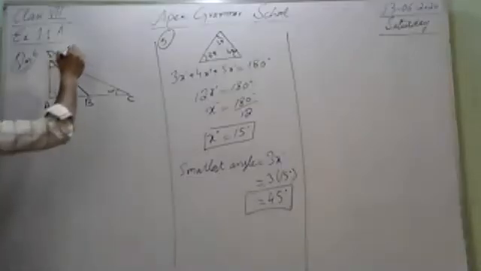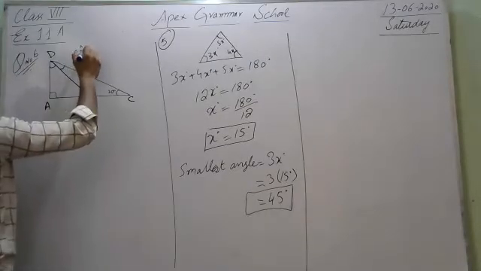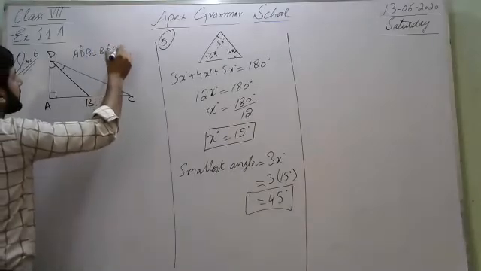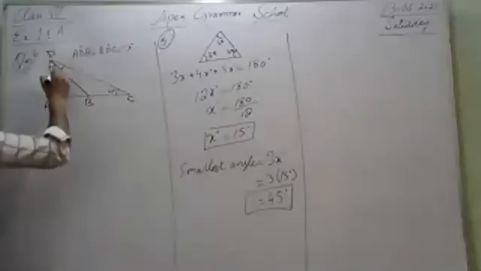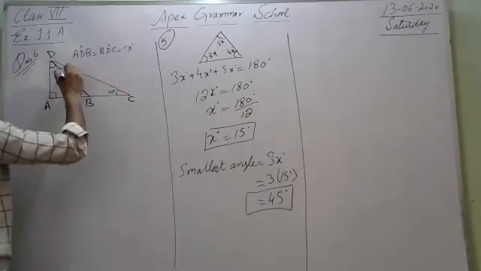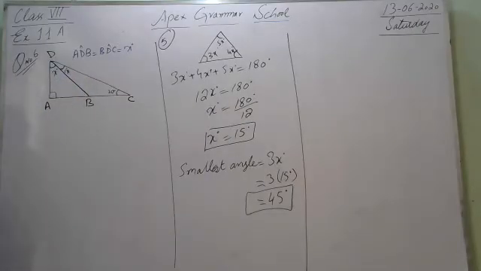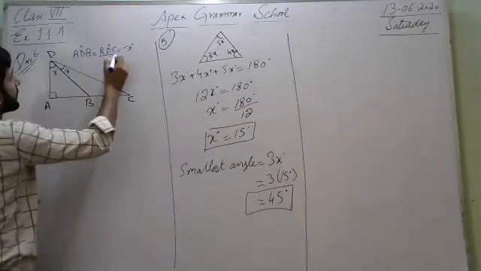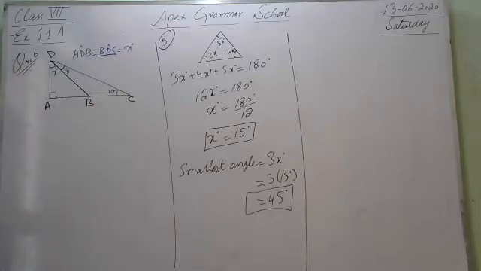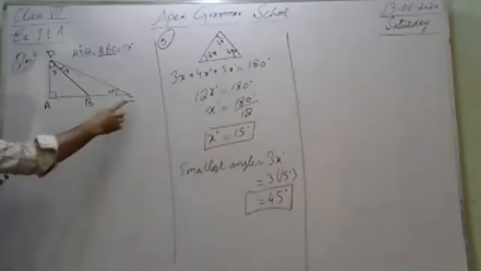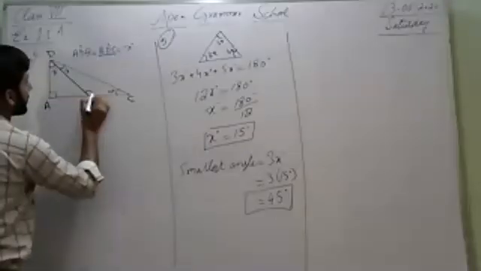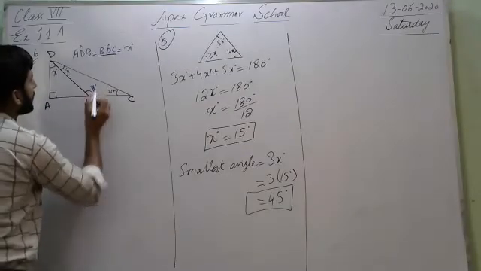So let's suppose angle ADB equals BDC equals x degree. We have to find angle BDC, this angle we have to find out. And the next one is to find angle CBD, we have to find this one. Let's suppose this is y degree.